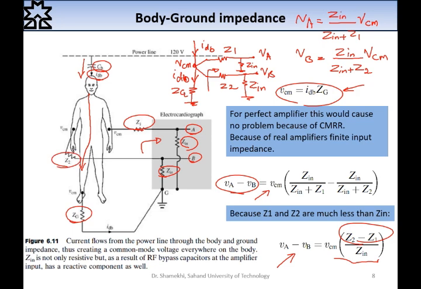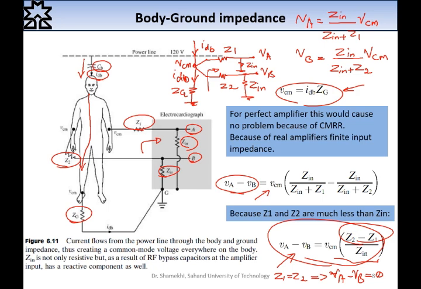We should have same impedance on our leads. As I told you before, each of Z1 and Z2 is related to the wire, to the electrode, and also the skin impedance of every recording location. Therefore, if Z1 equals Z2, based on this equation, VA minus VB will be 0. And this is a good situation.